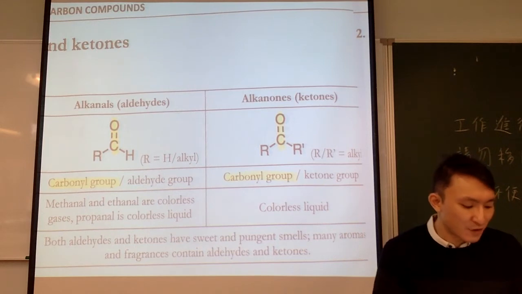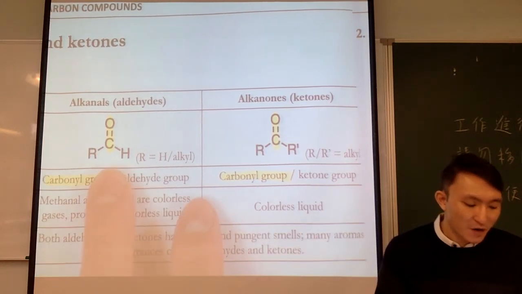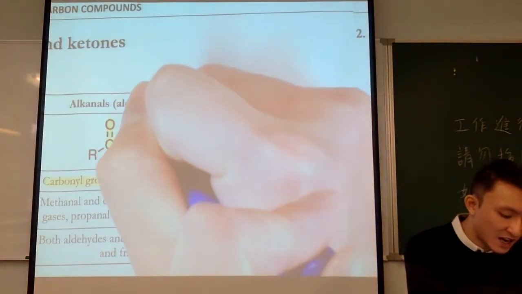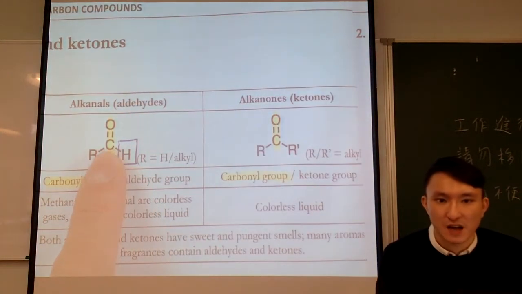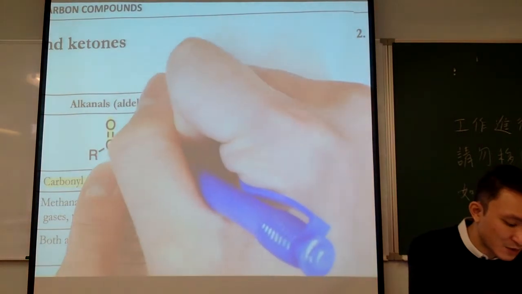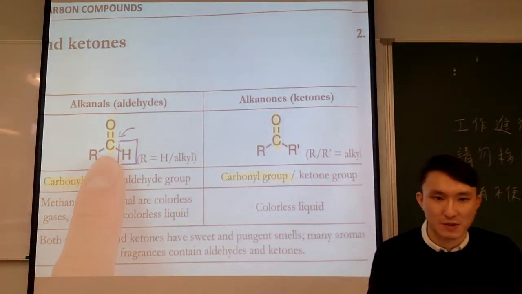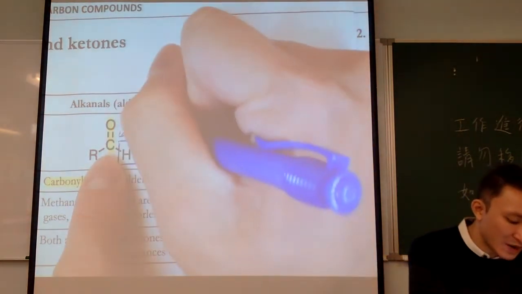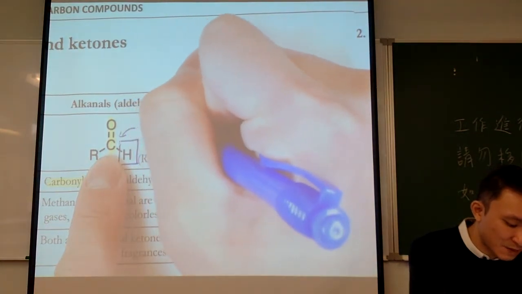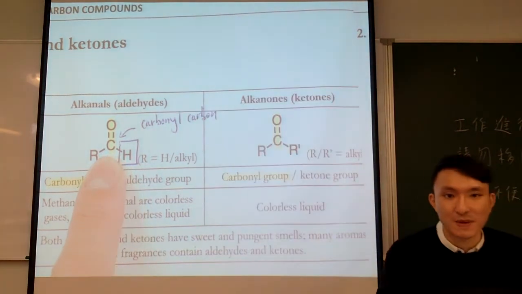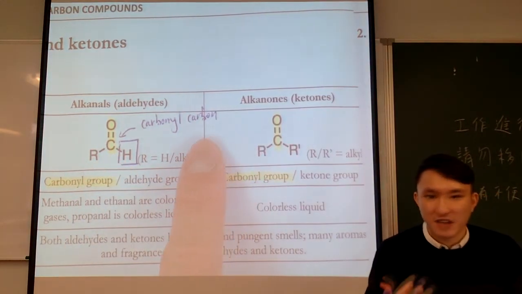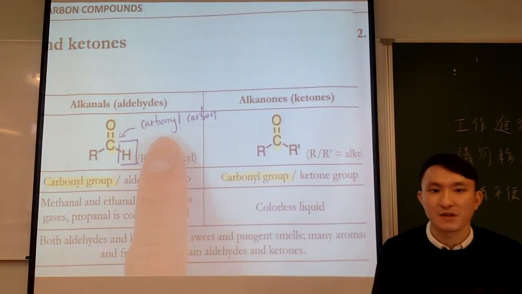Now, the difference is that for aldehyde, it has a hydrogen connected to the carbonyl carbon. Sometimes we try to describe different types of carbon. Basically, the carbon involved in the carbonyl group, we can call the carbonyl carbon.